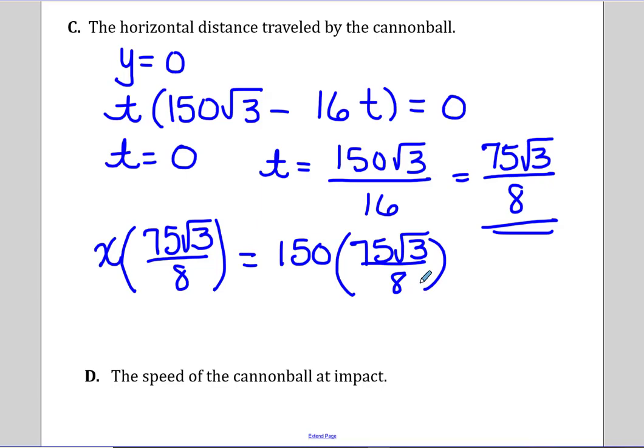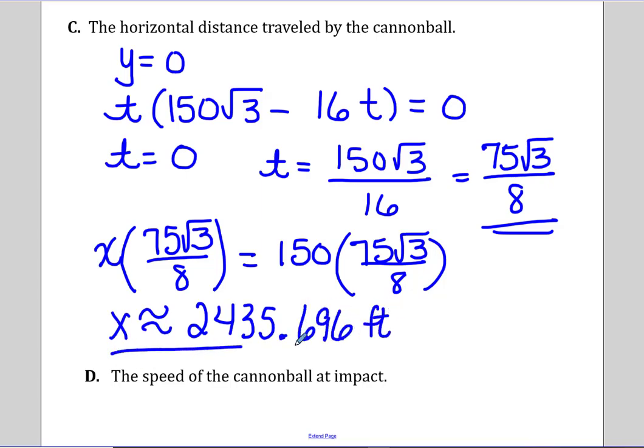So we need our calculator again. 150 times 75 radical 3 divided by 8, and I'm getting about 2,435.696 feet that the cannonball traveled on the horizontal.